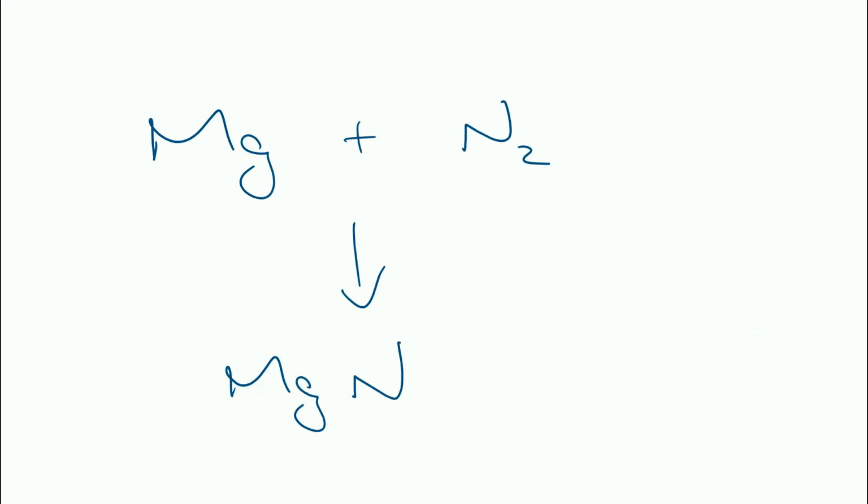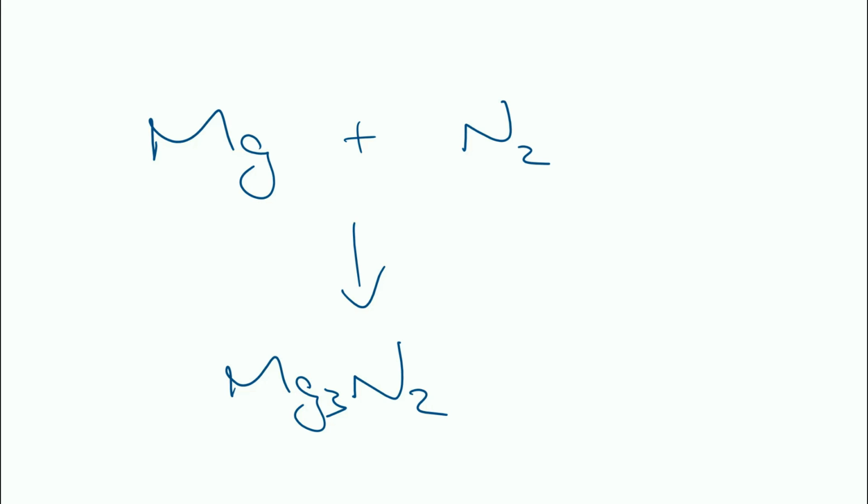So we go back to this thing and we think, well, how many magnesiums did we need to use? Well, we actually needed to use 3 of them, didn't we? And we needed to use 2 of the nitrogens. This is now the formula for magnesium nitride, right? Mg3N2.